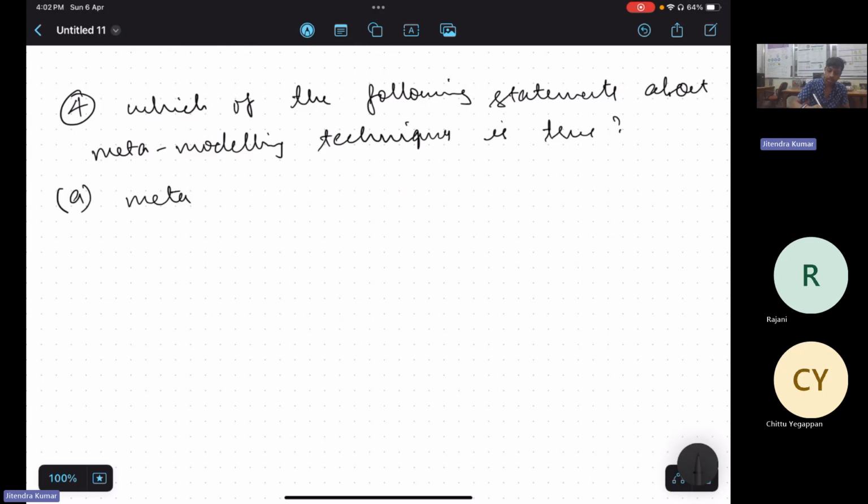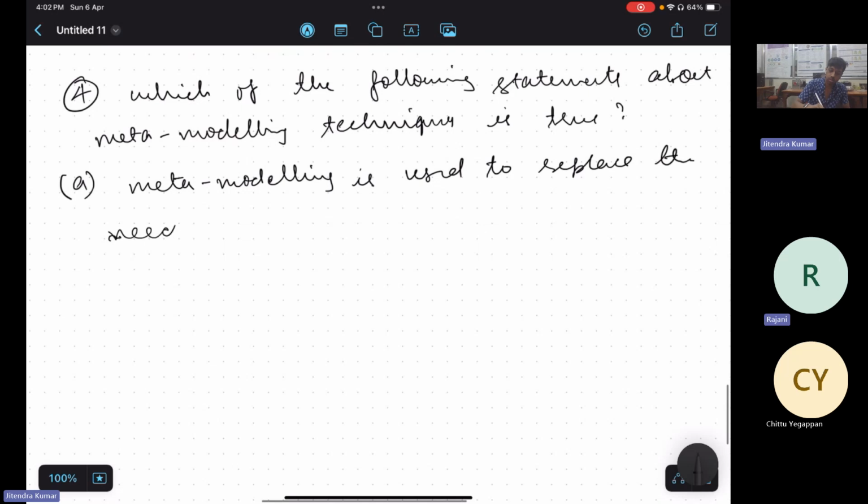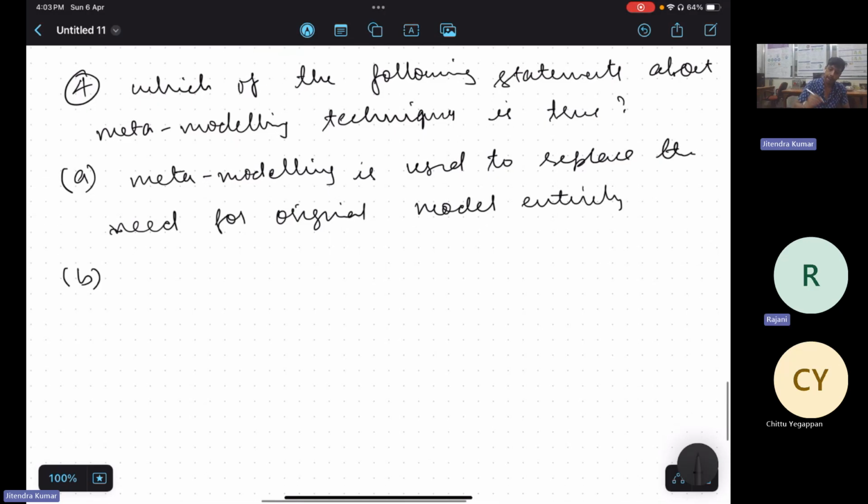Option A: meta modeling is used to replace the need for the original model entirely.